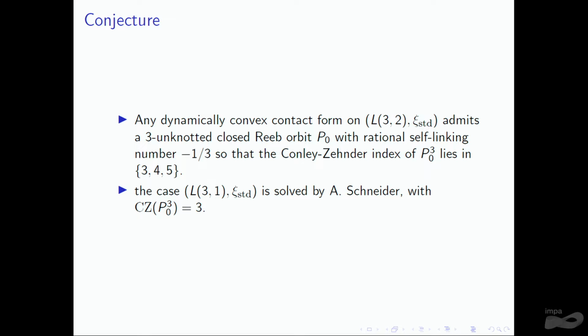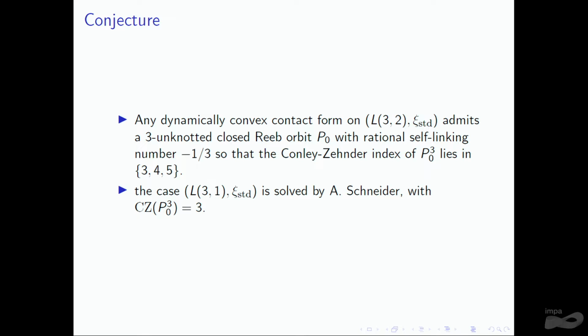In the case of L(3,2), is there a 3-unknotted closed Reeb orbit with the rational self-linking number -1/3 and index in a set being 3, 4, or 5?